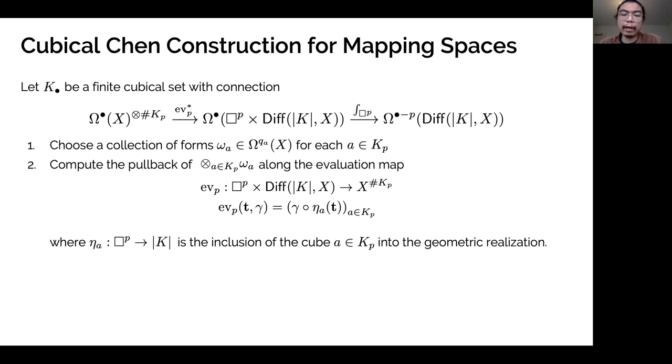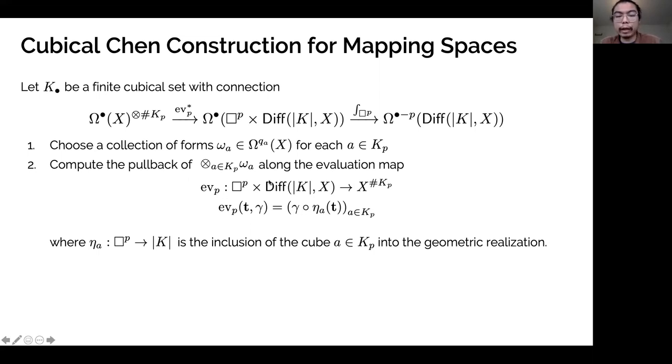And how this evaluation map is defined is by taking these evaluation maps for each cube. So this eta A is the natural inclusion of some geometric P cube into the geometric realization of our cubical set.